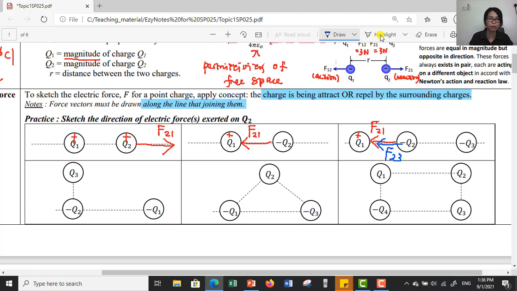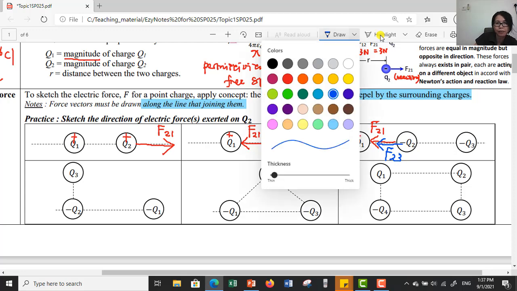Okay? So, satu lagi kita cuba tengok yang ni pula. So, Q2 is here. So, kita ada Q1 dan Q3 pada sekitar Q2. So, pertama kita tengok dulu force apa yang Q2 akan rasa dari Q1. So, Q1 adalah negatif, Q2 pun adalah negatif.